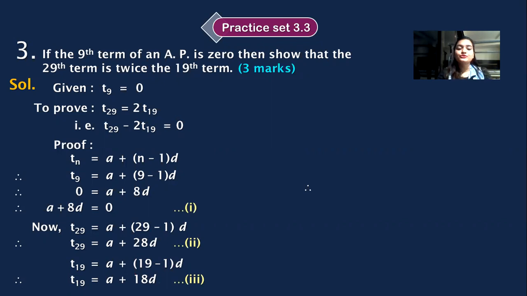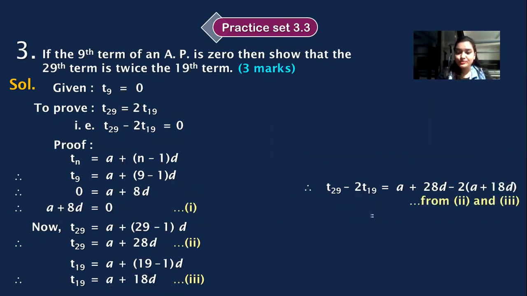Now I'll show the proof: you have to prove that T29 minus 2 times T19 is 0. T29 is A plus 28D, minus 2 times T19, which is A plus 18D. Let's open the bracket. A plus 28D minus 2A minus 36D, since 2 times 18 is 36.